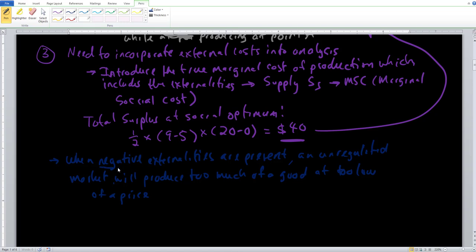So here, with negative externalities, an unregulated market will produce too much of a good at too low of a price.